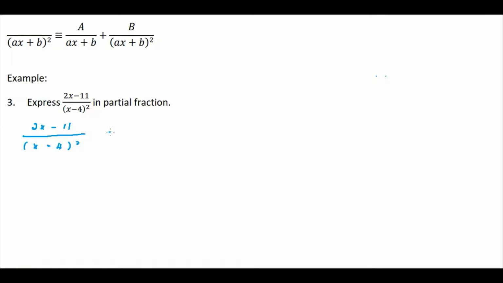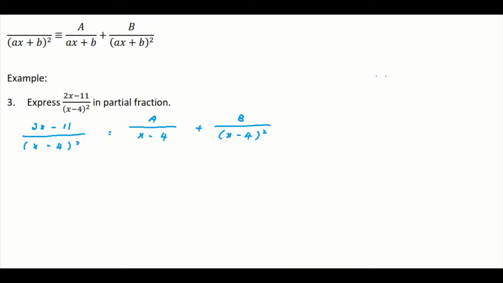Now you need to split it into two. One is exactly the same linear factor, but with power 1 only. For the second one, it will follow your original function. So it will be a over the first one, x minus 4, and then plus b over the other one, which is x minus 4 squared.